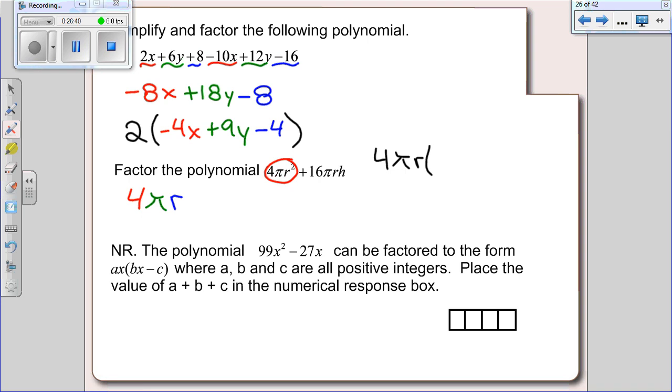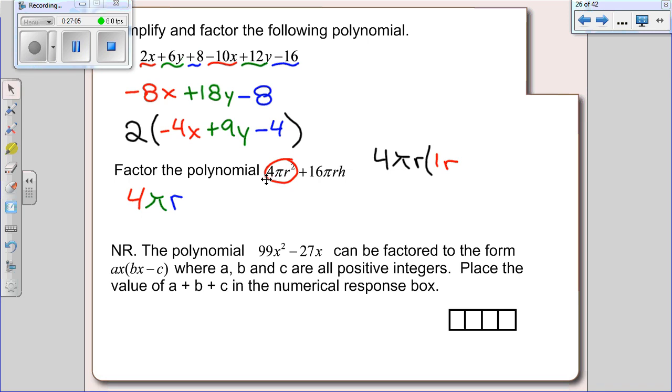Do I need to write the 1 in front of it? No. If you did, you're not wrong. If you went 4 divided by 4 and put a 1 here, you're not incorrect. It's just not how we normally write things. If you don't put the 1, it means there's a 1 there. Mathematicians are lazy. They do stuff like that all the time. Okay, so this is just r.